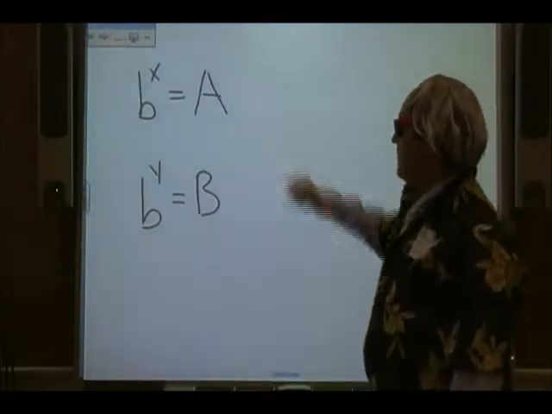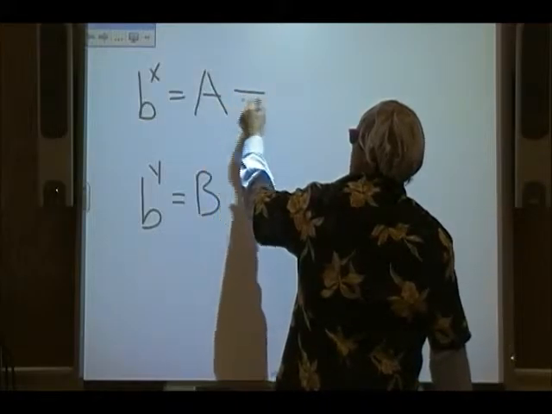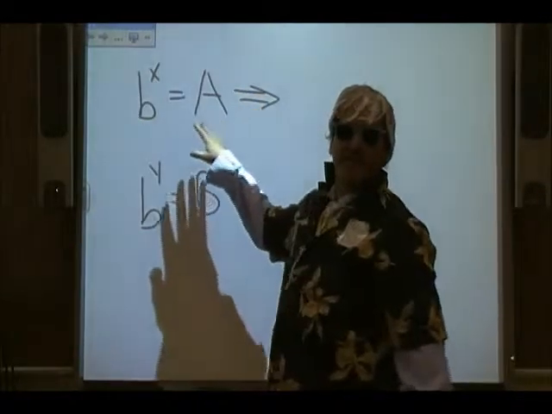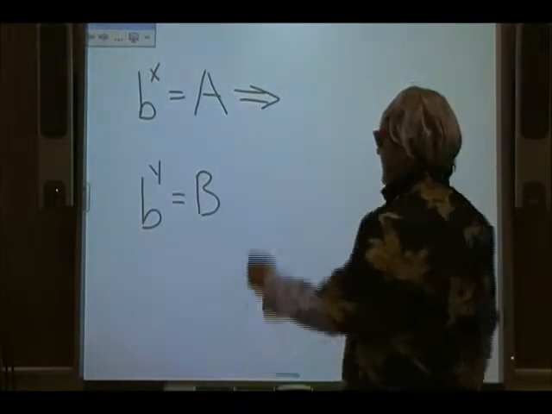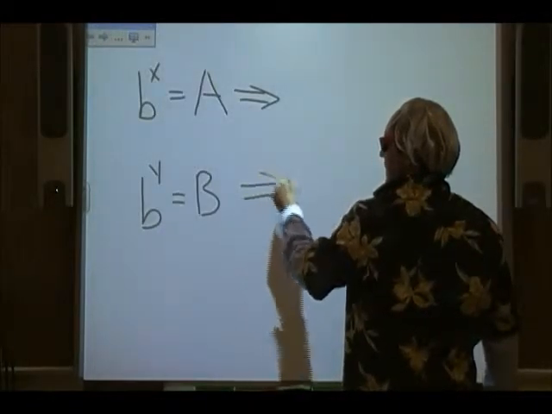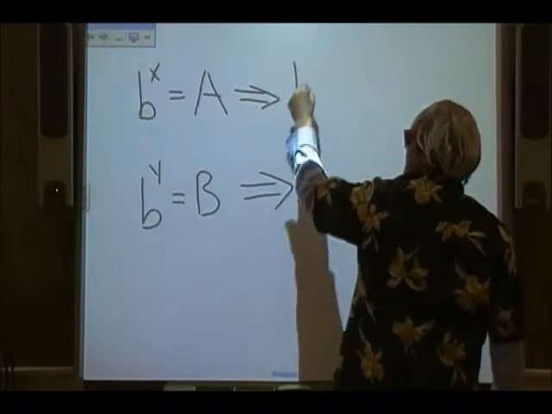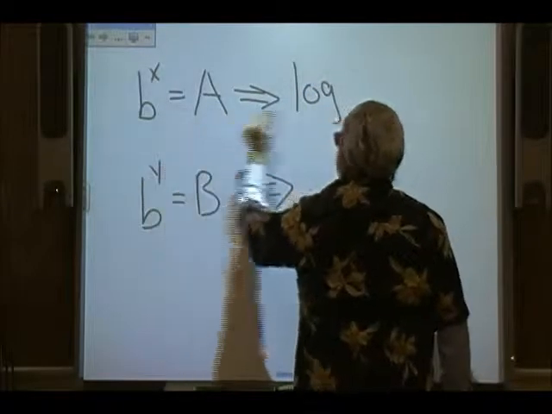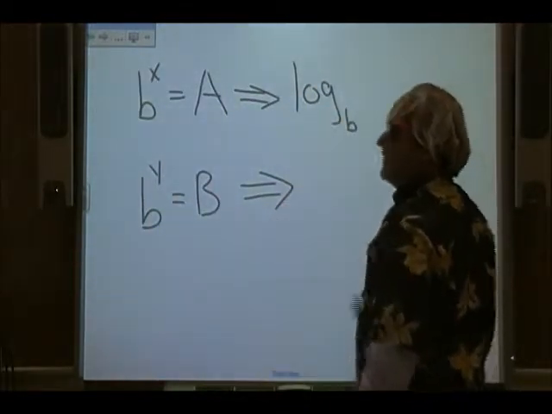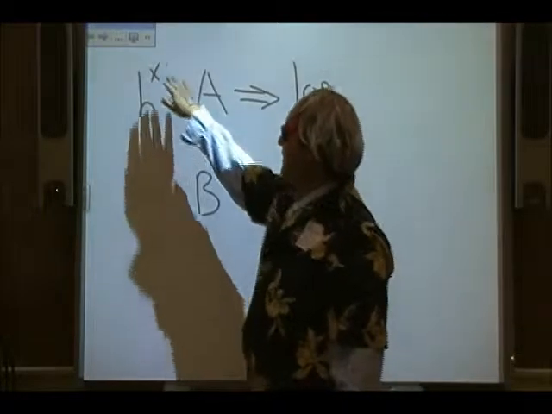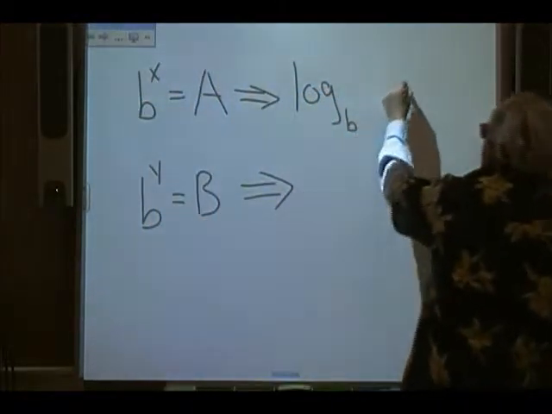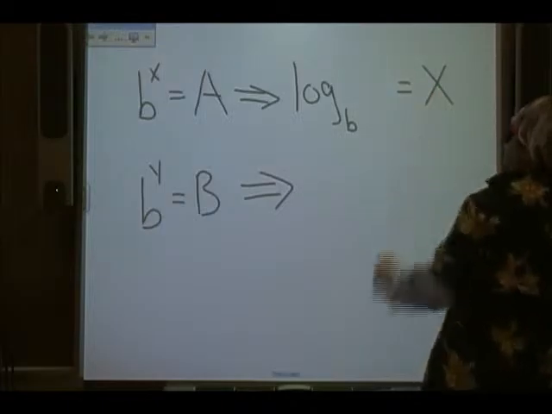Alright, how do I rewrite this? Well, I want to rewrite this using logarithms. So it's very simple. This is how I do it. This is the base. So I start with my log. This is the base here. Now remember, if you get confused, Napier wanted the exponent as your answer. So your answer over here is x.